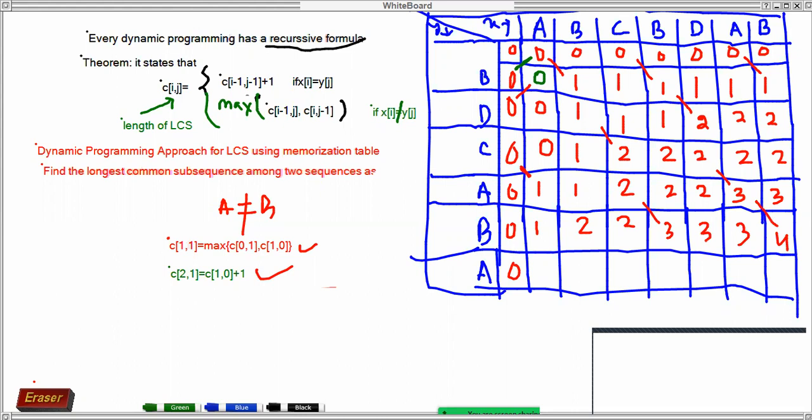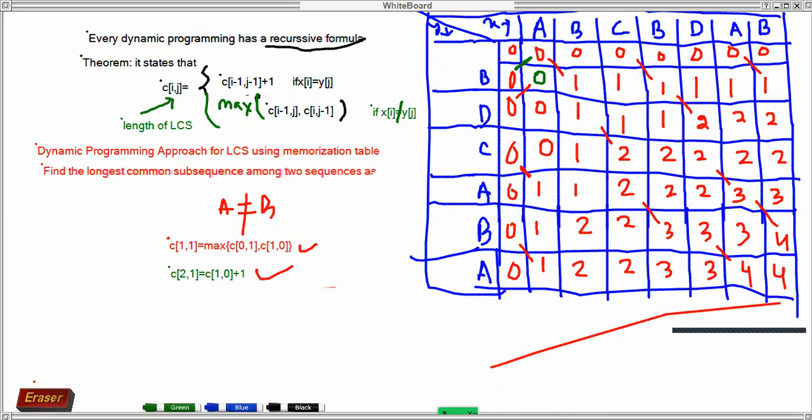Understanding or not? Okay, next. A and A, it is matching. So it is 1, 1, 1. This will be 2, this is 2, this is 3, this is 3, but this is 4, and this is 4.